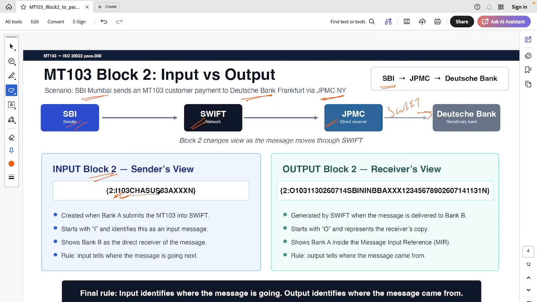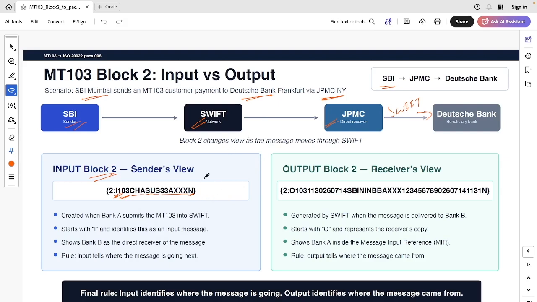Then this particular string is the logical terminal address, which identifies JP Morgan Chase as the direct receiver of the FIN message, and at the end, N indicates the delivery priority. Here N means normal delivery priority. Notice that Dowsy Bank does not appear in this block 2, because block 2 identifies the direct FIN receiver for the current message exchange, not necessarily the ultimate beneficiary bank in the complete payment chain.